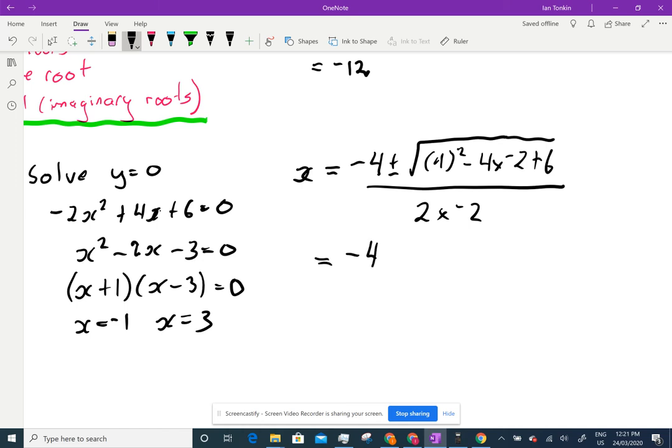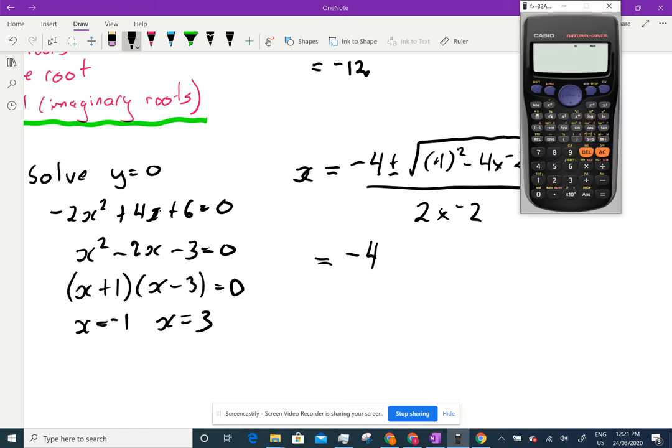Remember, you're going to get two answers here, and it's about time we pumped up our calculator. So we'll go the square root, and we'll use our parentheses, negative 4 squared minus 4 times negative 2 times 6.